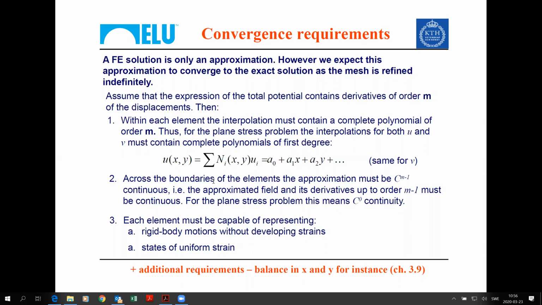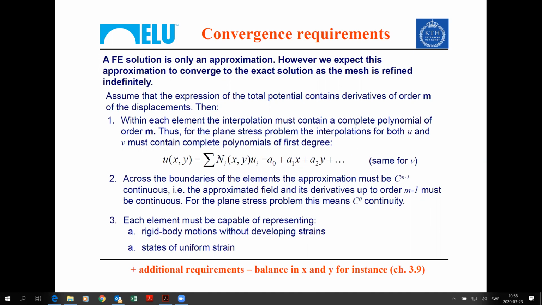So the expression of the strain energy contains epsilon x, which in this case is du/dx, and dv/dy. So if the total potential contains derivatives of order m of the displacement, then within each element, the interpolation must contain a complete polynomial of order m.